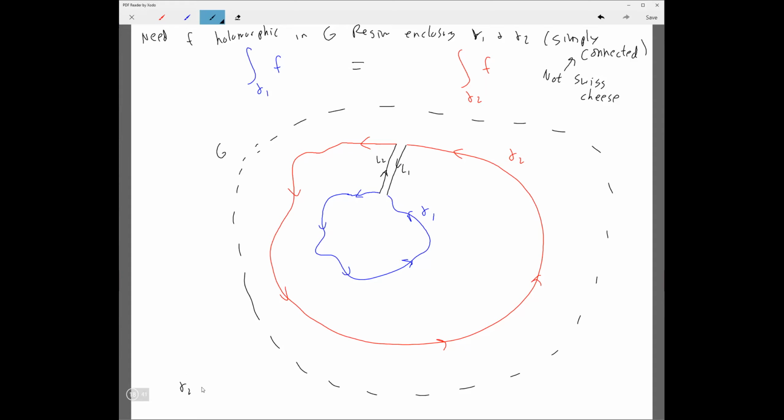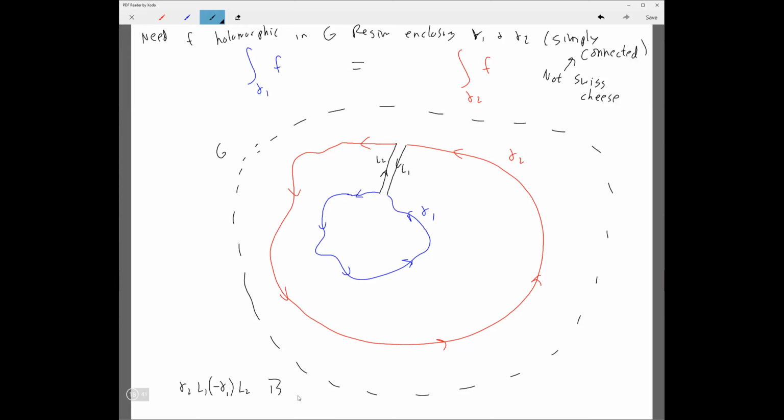Then, gamma 2 followed by L1, followed by backtracking gamma 1, followed by L2. Okay, that curve, so gamma 2, which maybe is right here, goes all the way around to there, followed by going this way, followed by backtracking this, that's minus gamma 1, followed by that way.